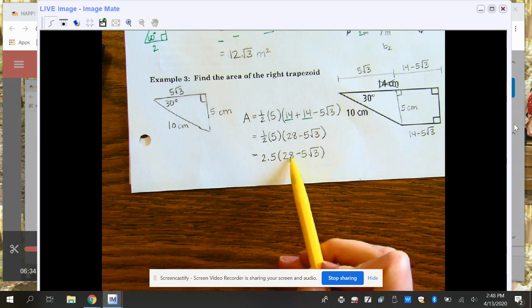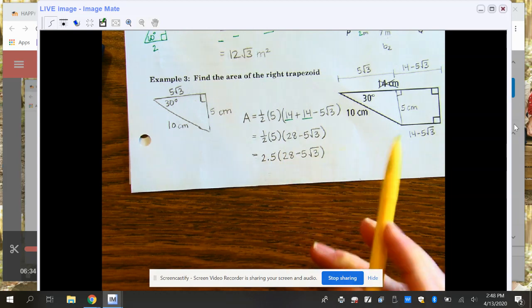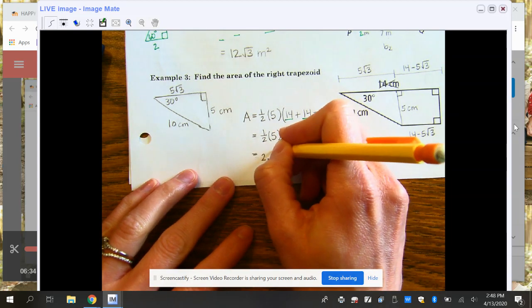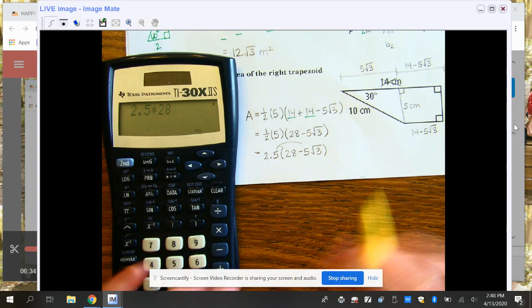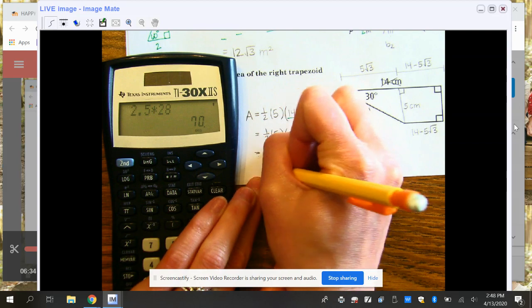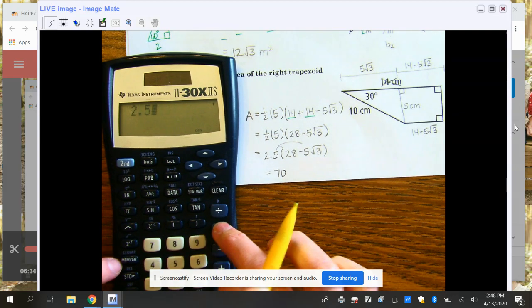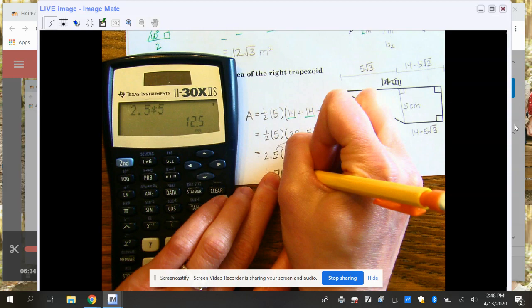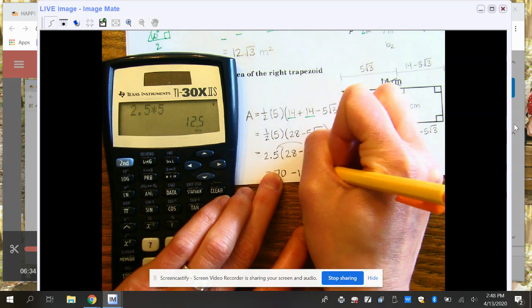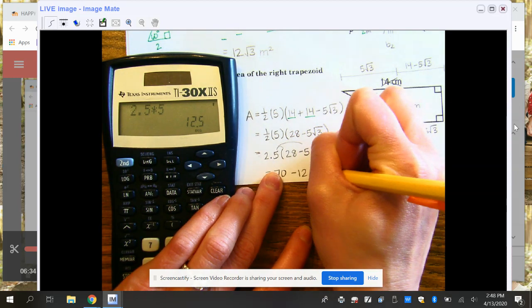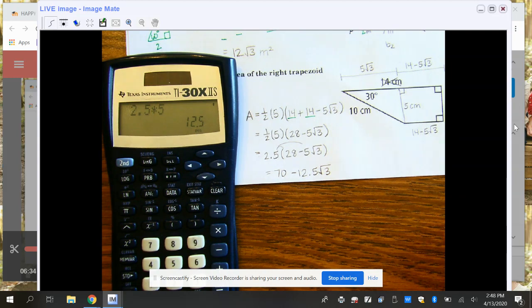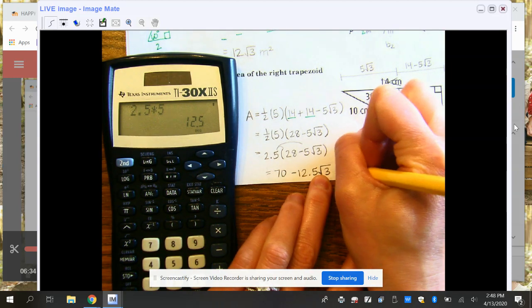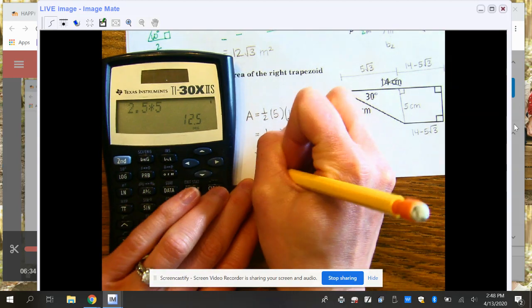So we're taking 2.5 times that and 2.5 times that. So when I take 2.5 times 28, I get 70. And then 2.5 times 5 would be 12.5 times the square root of 3. So you don't multiply the 2.5 underneath the radical, only on its like part. And then my units would be centimeters squared.